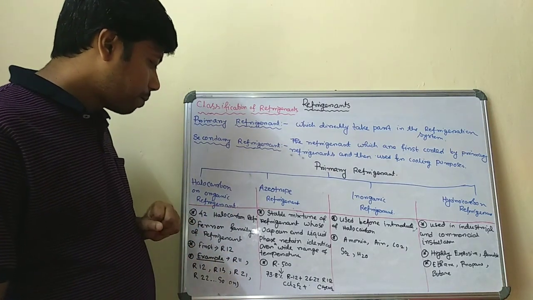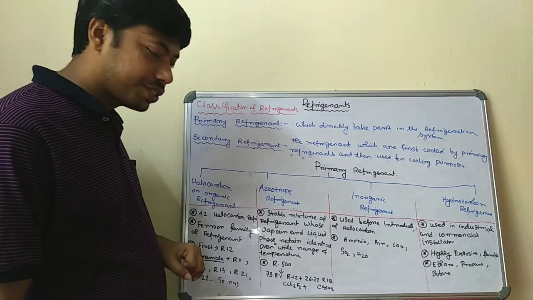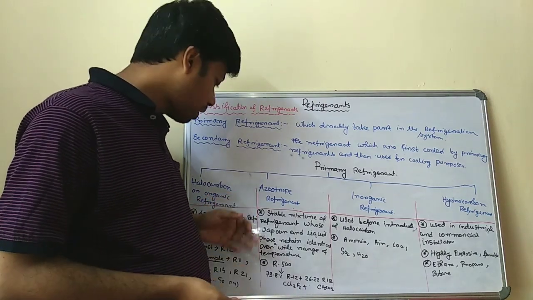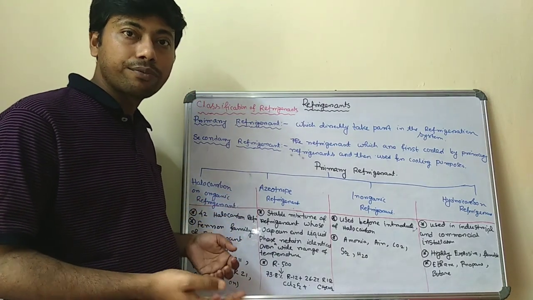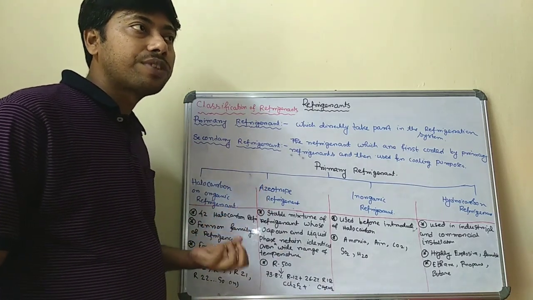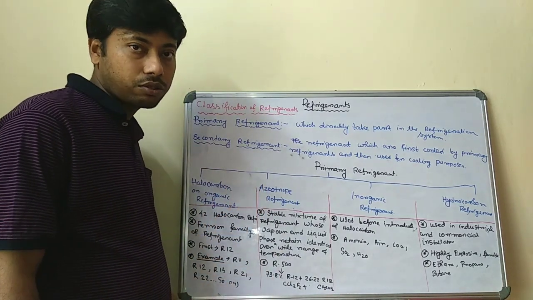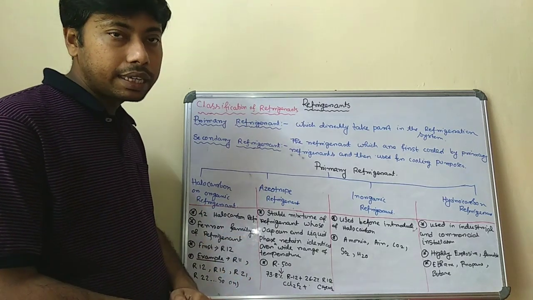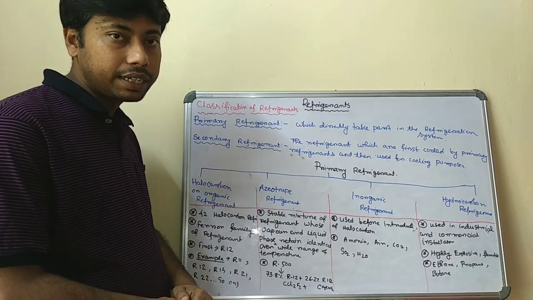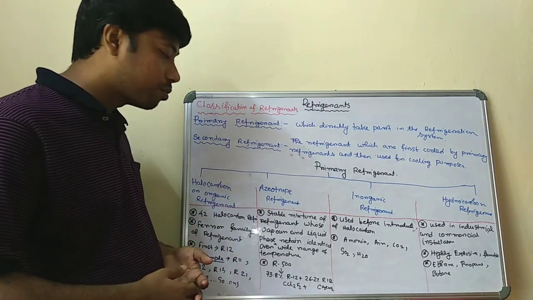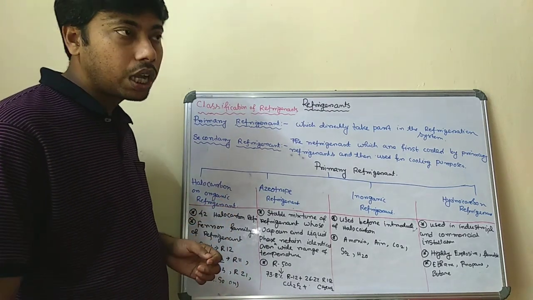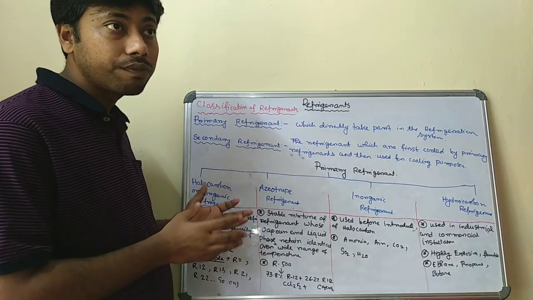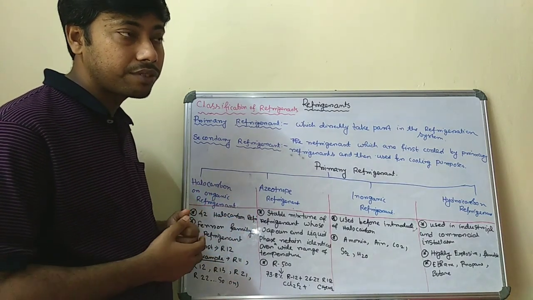It is basically the Freon family of refrigerants, because the main components in organic refrigerant are carbon, hydrogen, chlorine, and fluorine. That is the Freon group, so called. The first refrigerant used among the halocarbon refrigerants is R12. R12 is the designation of the refrigerant; we can discuss it in the next lecture video.